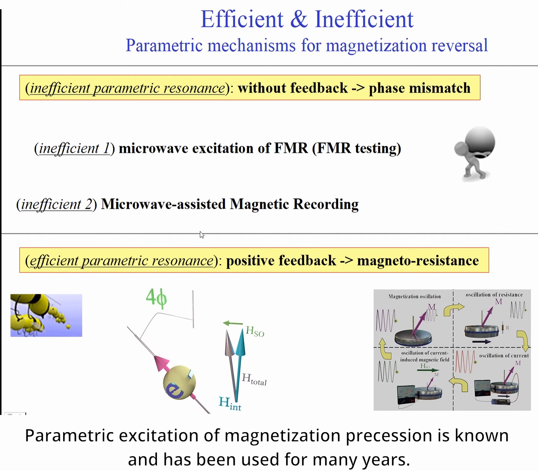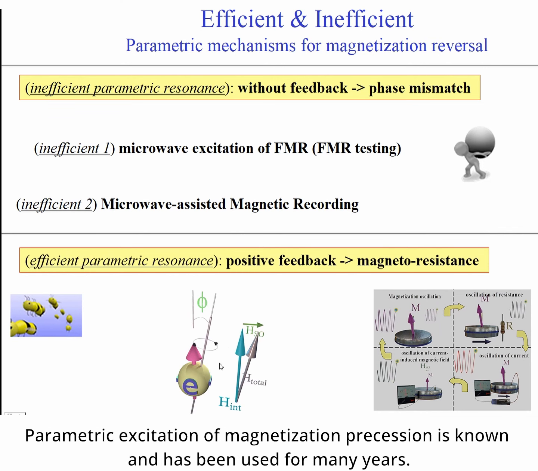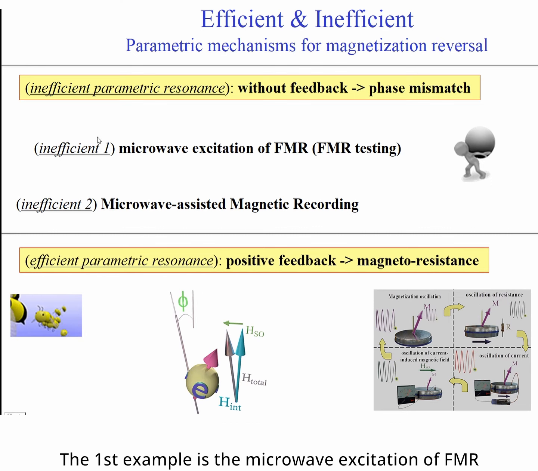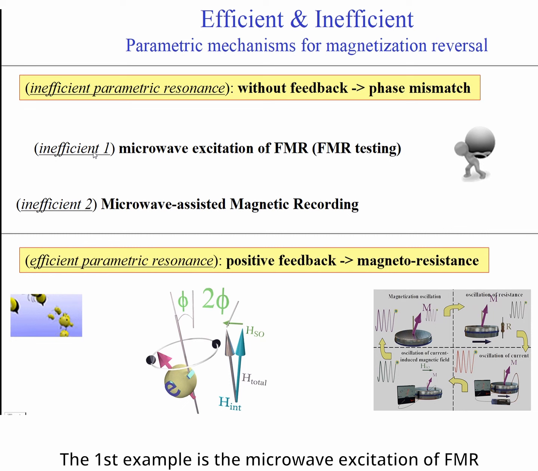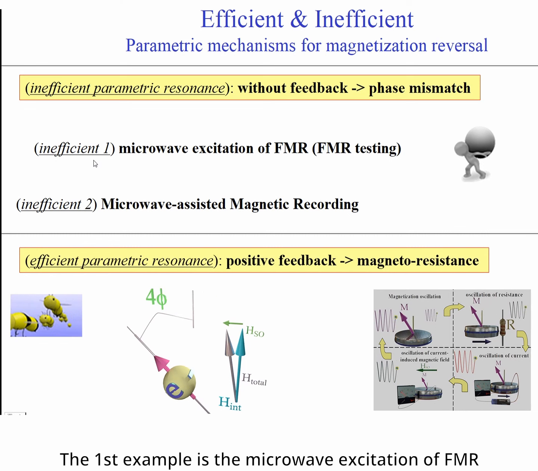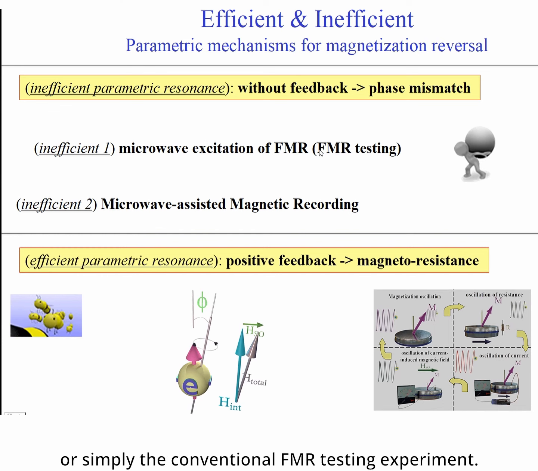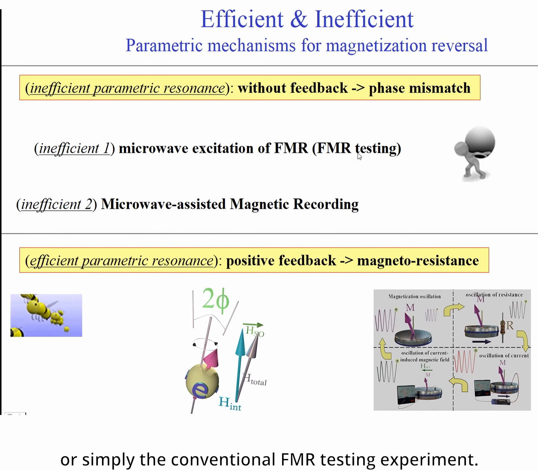Parametric excitation of magnetization reversal is known and has been used for many years. The first example is the microwave excitation of ferromagnetic resonance, or simply the conventional FMR testing experiment.